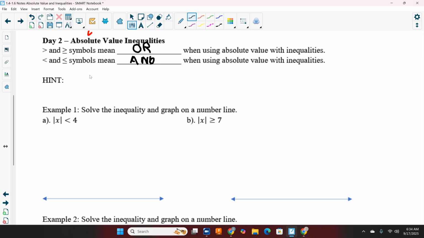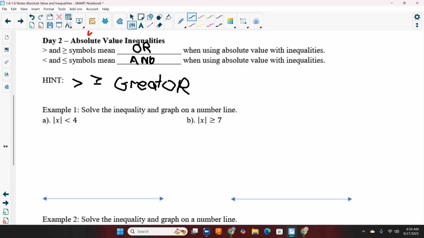Okay, so greater than or equal to. If we write that out, that is an or. And this is not a Laffy Taffy.